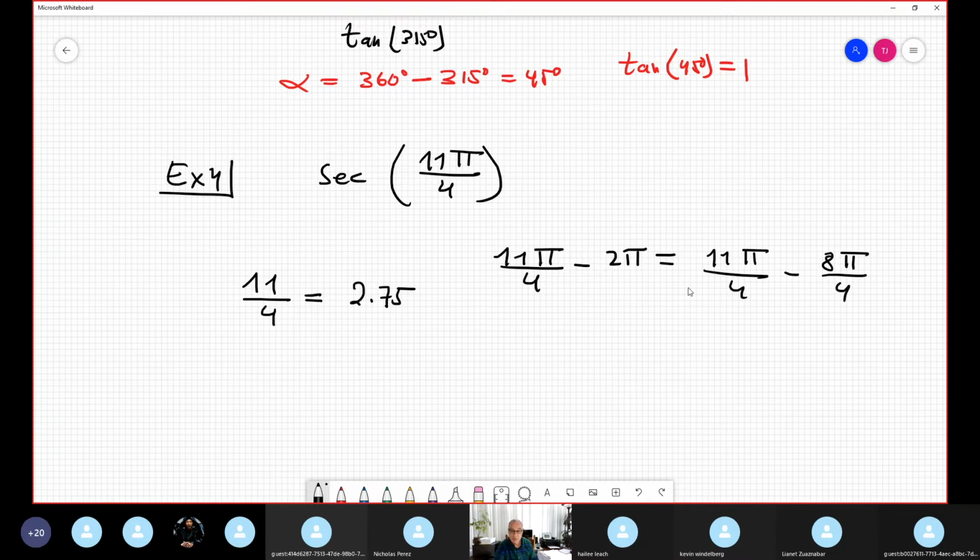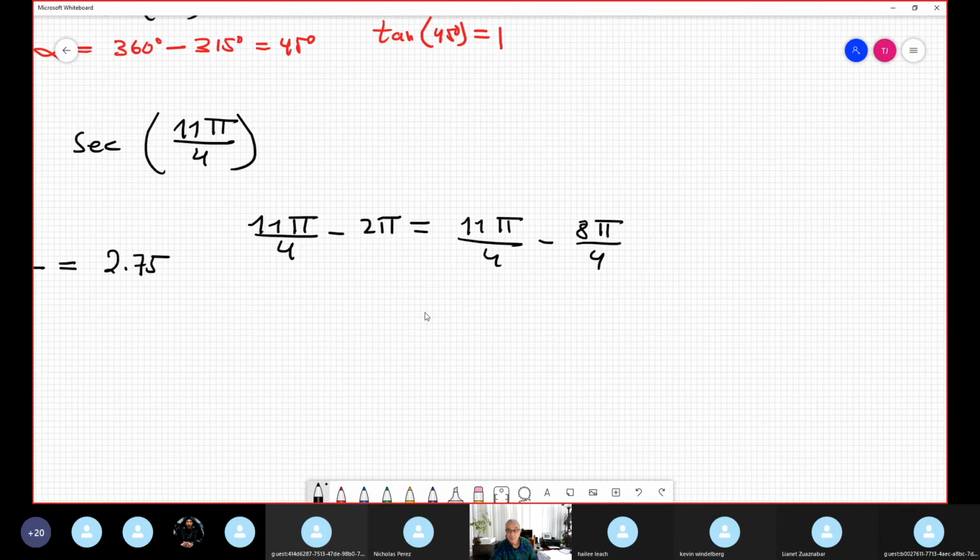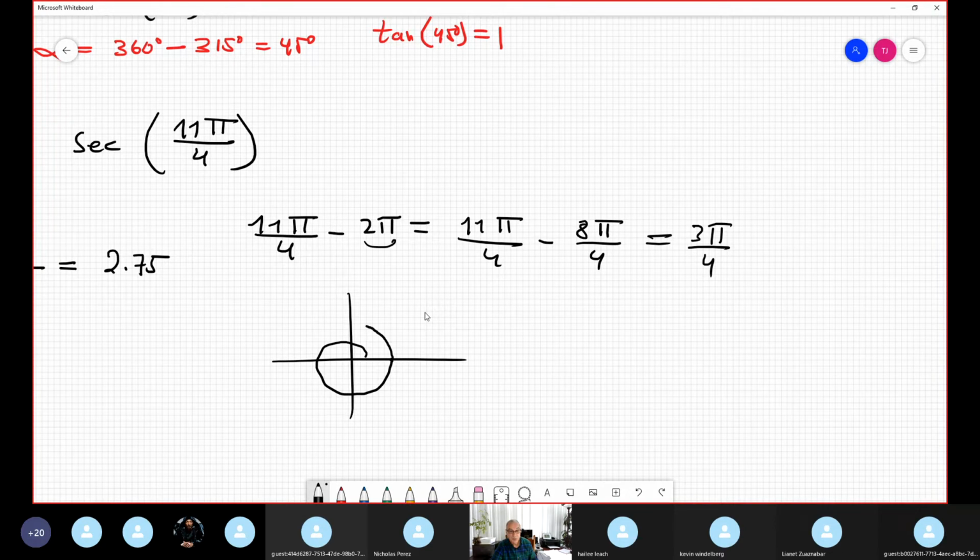And 11 minus 8 is 3 pi over 4. That means que 11 pi over 4 is 1 entire revolution, que es 2 pi. But when you remove 2 pi, this continues moving, and I don't know si lies in the first, second, third or fourth quadrant.